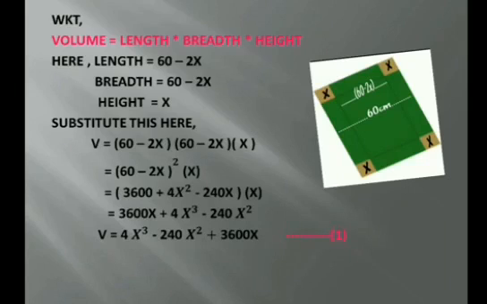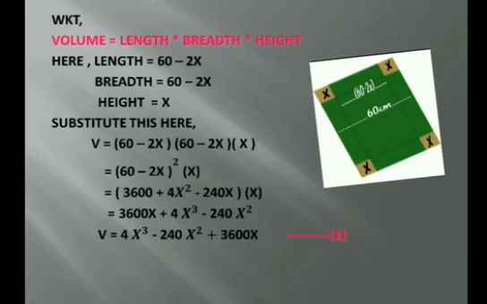So 60 minus 2x and 60 minus 2x is taken as 60 minus 2x the whole square, multiplied by x. Here we use the formula that a minus b whole square is expanded as a square plus b square minus 2ab. So we have a is equal to 60 and b is equal to 2x.